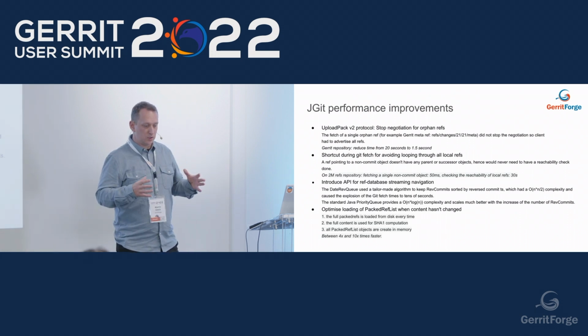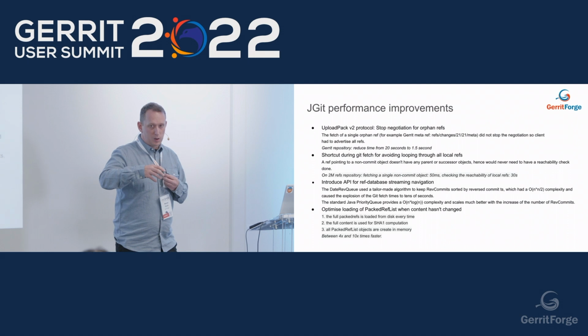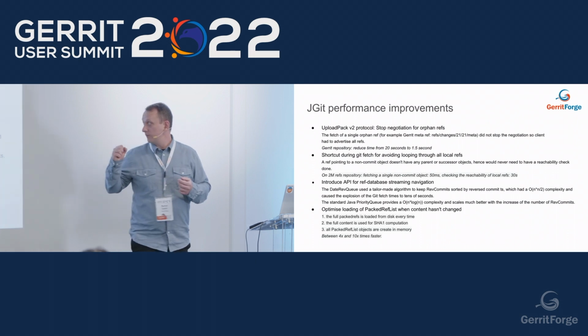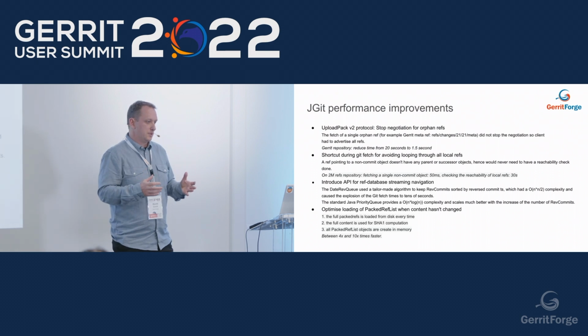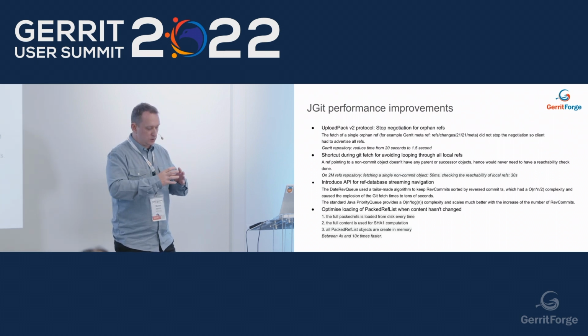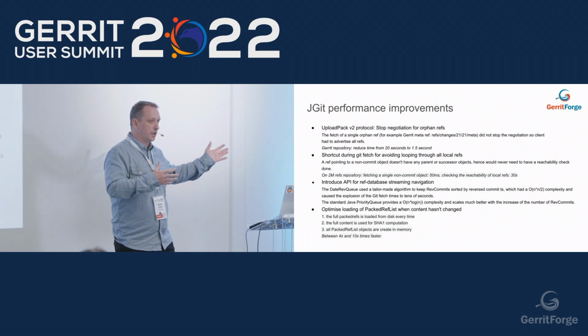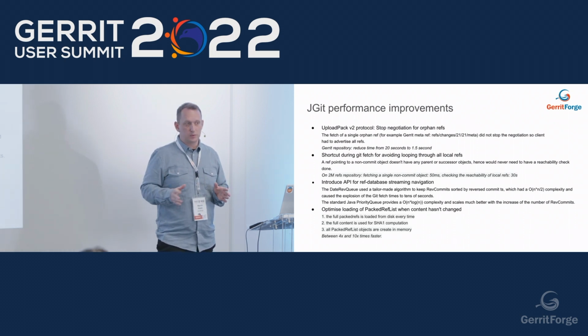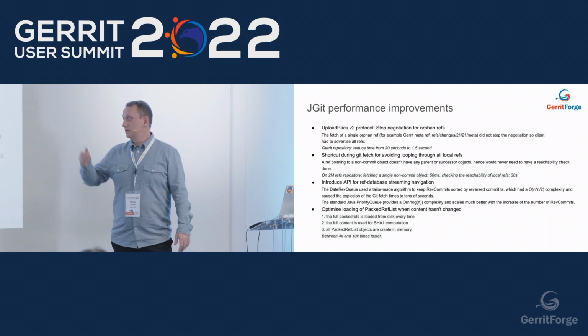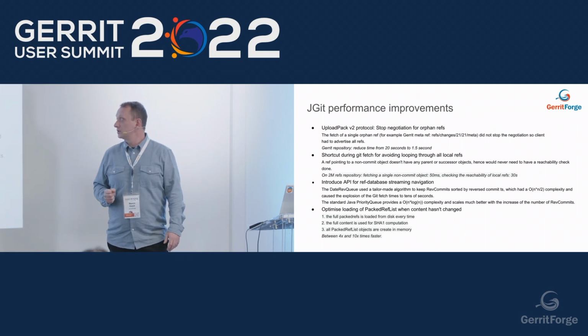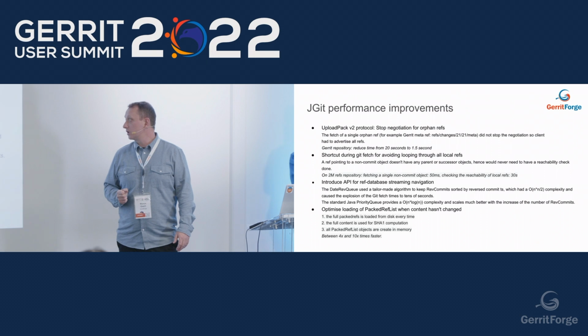When the server receives the request to get that particular ref, and it sees that there are no parents, it says, okay, so you need just that piece of data. You don't need anything else because there is no link. So it's just going to stop doing the advertisement. That brings the time from 20 seconds to 1.5 seconds for the meta refs, for the fetch.